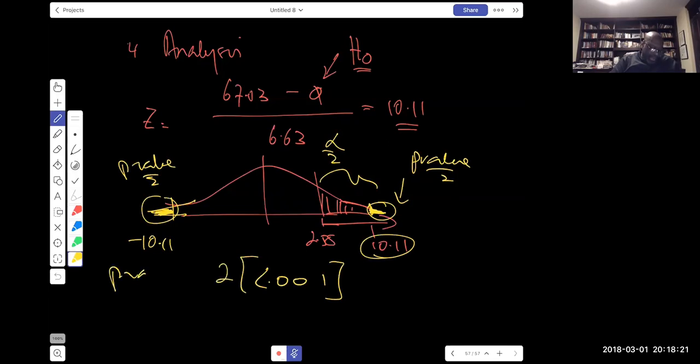So the p-value would be twice less than 0.001, which is basically less than 0.002. Since the p-value is less than 0.002, we know it would be less than 0.01, and therefore we could reject the null hypothesis. If we're doing the p-value approach, we compare this value to 0.01.